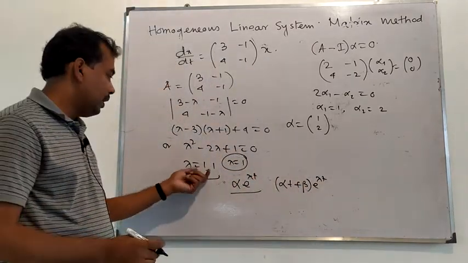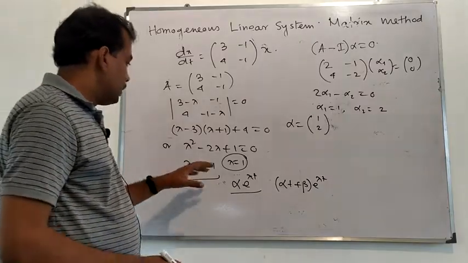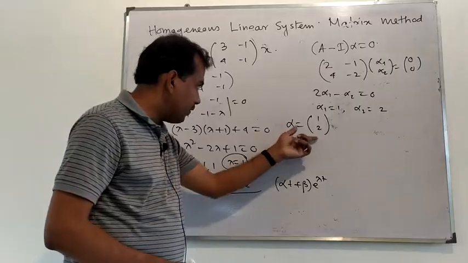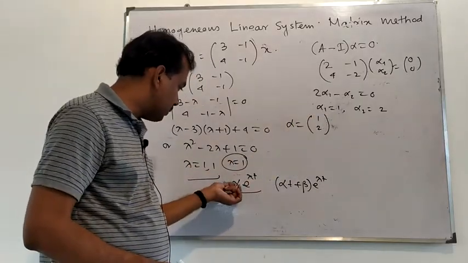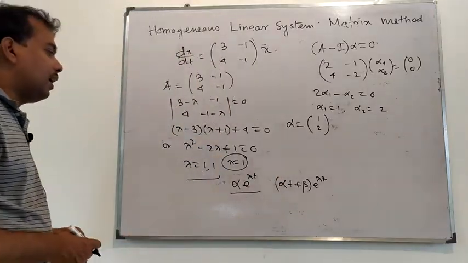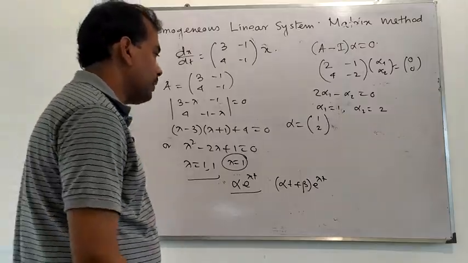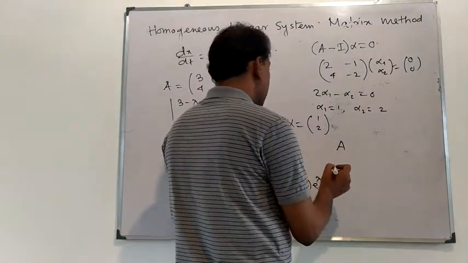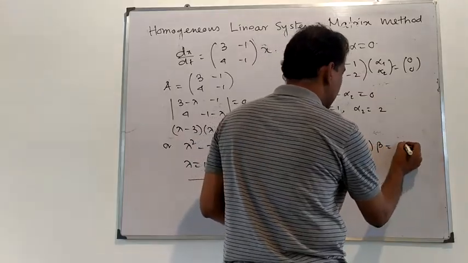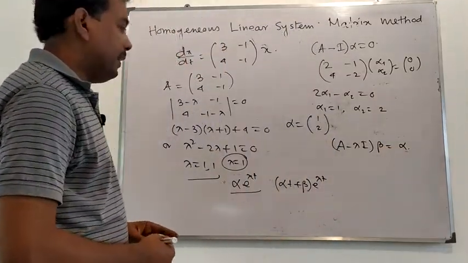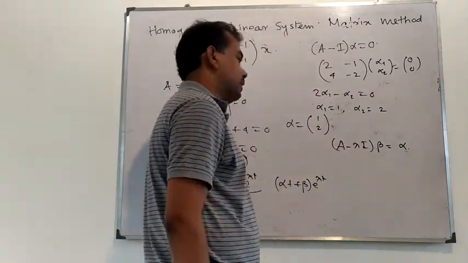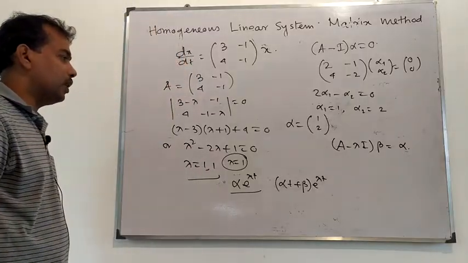When two values of lambda are equal, then two linearly independent solutions will be alpha e to the power lambda t, where alpha is the eigenvector corresponding to lambda, and alpha t plus beta into e to the power lambda t, where A minus lambda I into beta is equal to alpha. Beta is calculated from this equation.